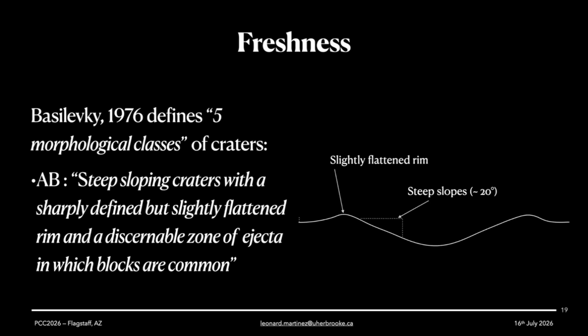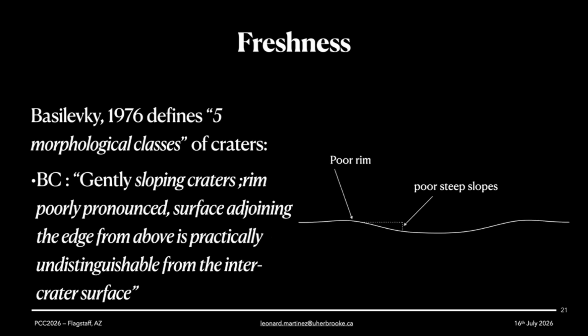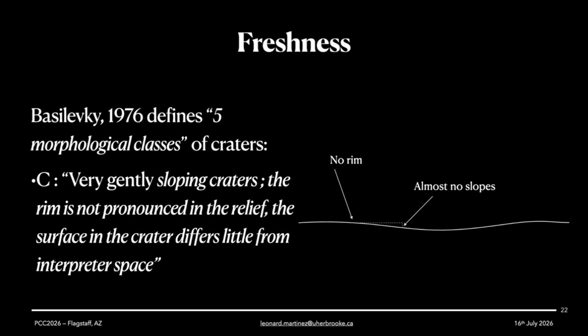For AB, the rim is slightly flattened, but the slopes are still important. For B, the rim is clearly smoothed, and the slopes start to be moderate. In the BC category, the steep slopes are very poor, and the rim is barely visible. And for the C category, there's no rim anymore and almost no slopes. This is how Basilevsky classified the freshness index.